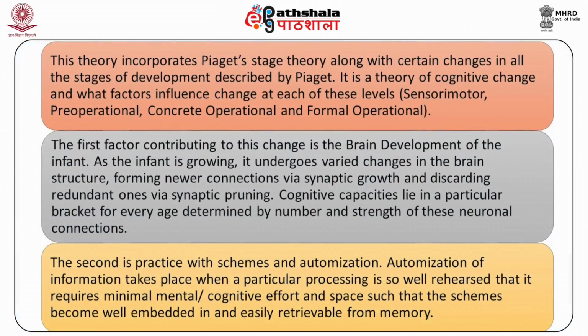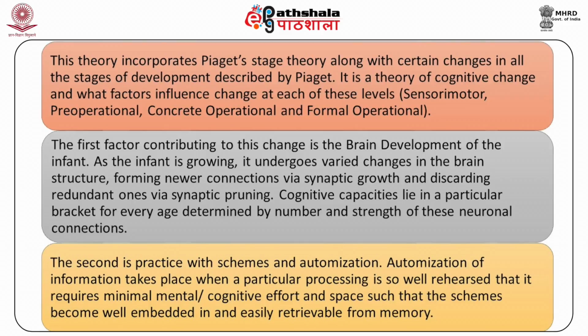The Neo-Piagetian theory incorporates Piaget's stage theory along with certain changes in all the stages of development described by Piaget. It is a theory of cognitive change and what factors influence change at each of these levels, that is sensorimotor, preoperational, concrete operational and formal operational.